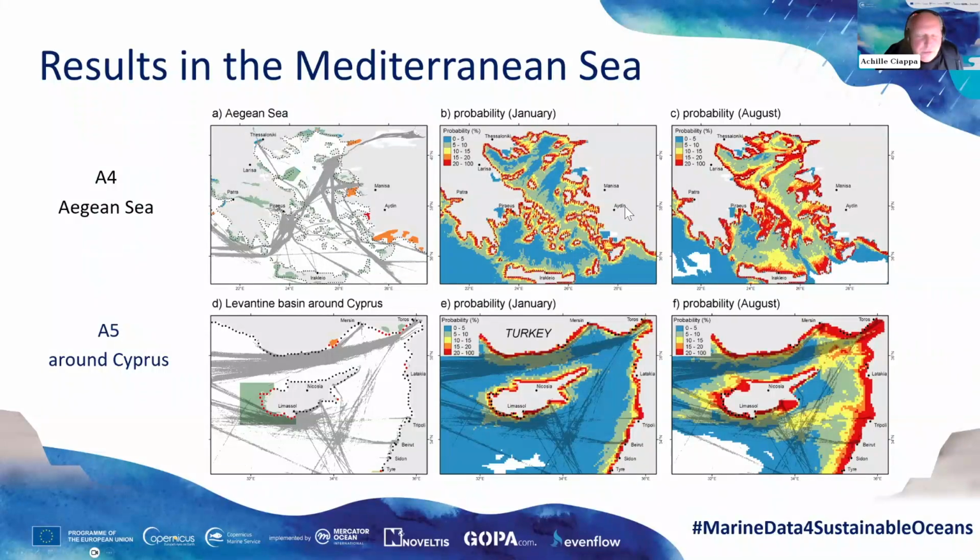And you can see in figure A how many oil tanker routes cross the Aegean Sea, which are directed to the Black Sea at north or to southeast to the Suez Channel. Around Cyprus or on the eastern tip of the Mediterranean Sea, also in summer, the oil transport is very energetic.